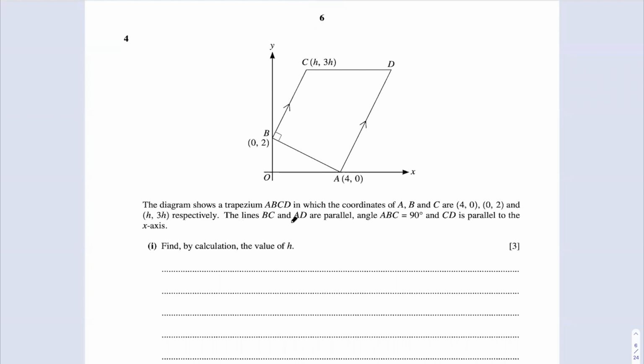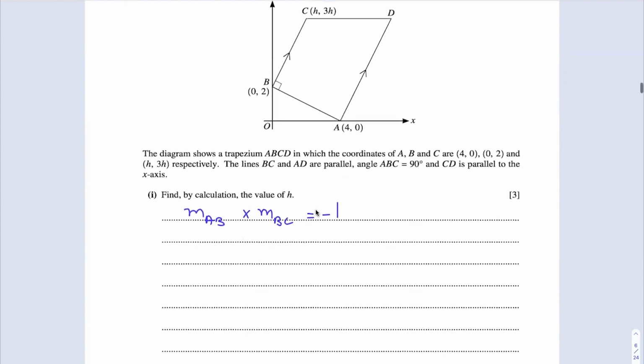In question 4, we have a trapezium with the coordinates A, B, and C. The lines BC and AD are parallel and CD is parallel to the x-axis. We have to find the value of h. Now to find the value of h, we can see that as AB and BC are perpendicular, the gradient of AB multiplied by the gradient of BC will equal minus 1.